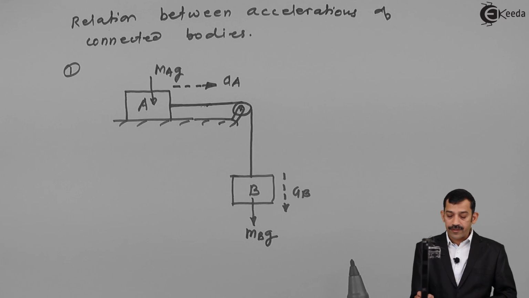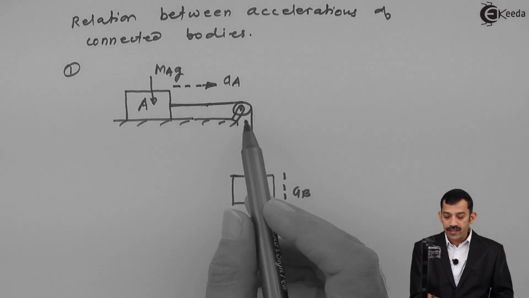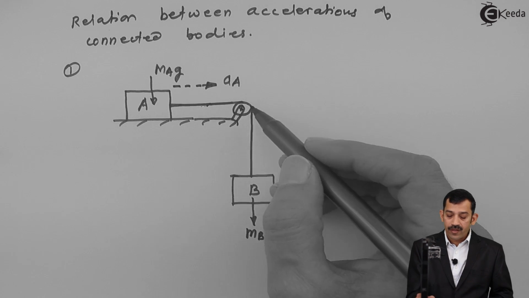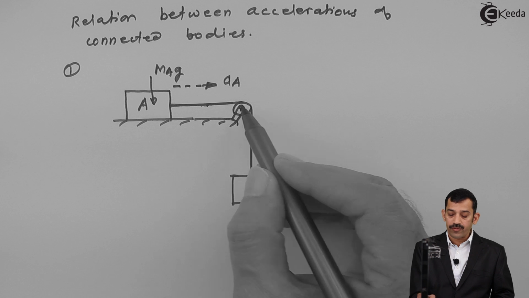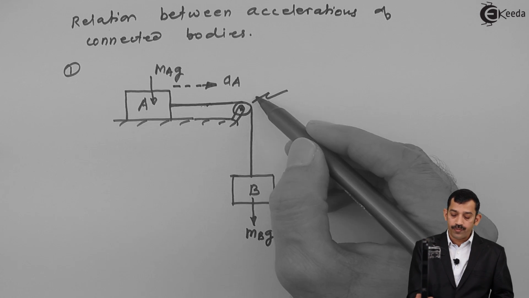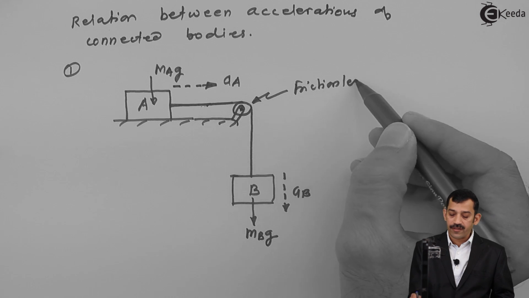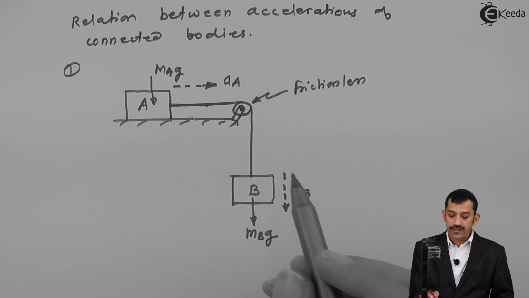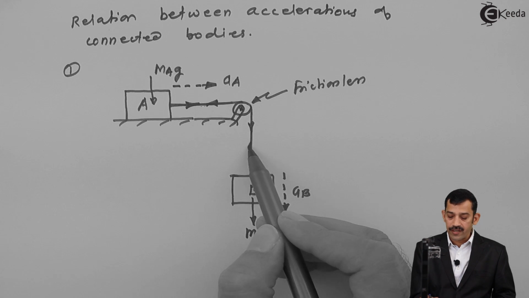Now what you have to decide, what about aA and aB? They are same or they are different? Simple. They are connected by single string passing over this pulley where when actual motion starts, the center of this pulley doesn't translate in any direction. This pulley simply rotates about this point. And if this pulley is frictionless, then what tension is developed in this string on both the side is what?